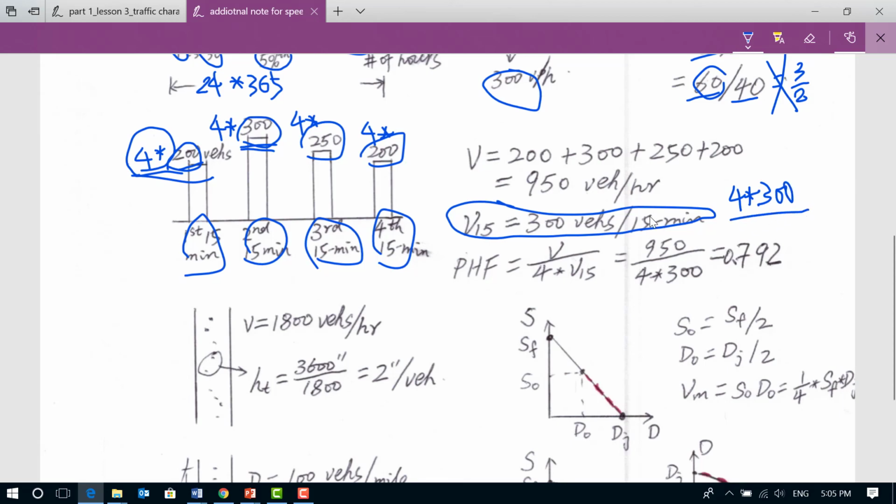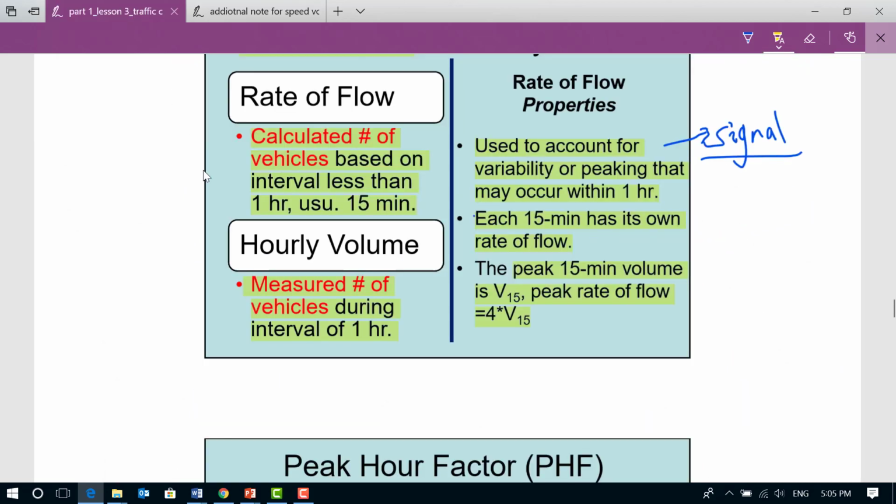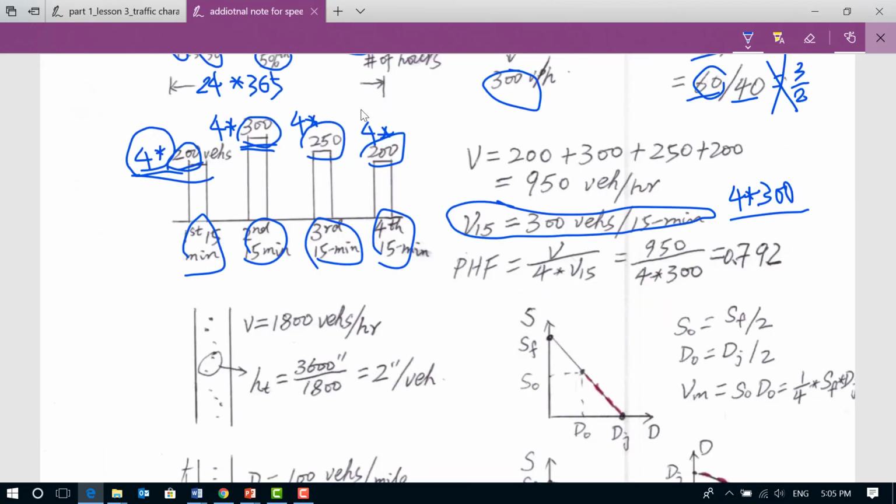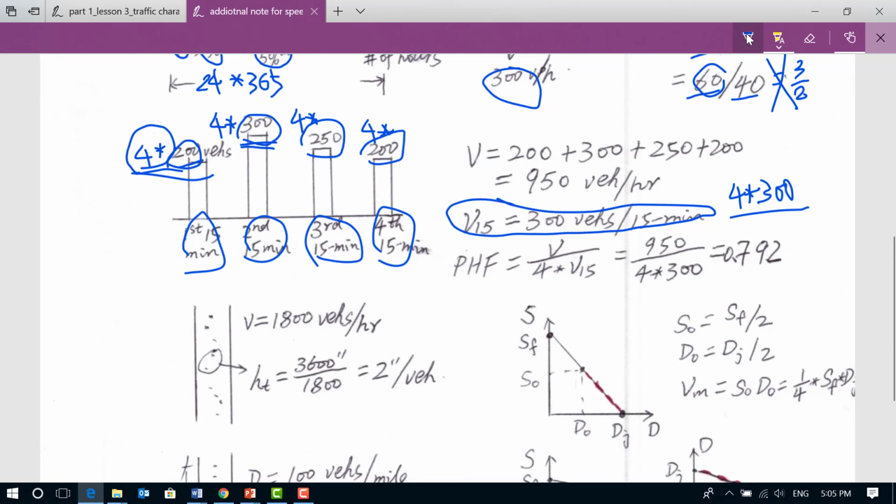That's our calculation. And then the hourly volume is simply the measured volume during 1 hour. So you just add those numbers, 200 plus 300 plus 250 plus 200, which is 950.